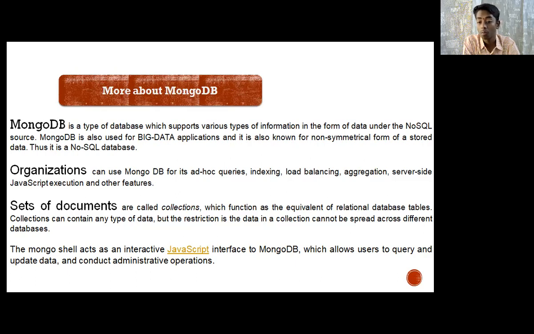What I mean to say is, you cannot spread the data into different databases. You can only store the data in MongoDB, a NoSQL database, but not store it in a SQL database or other databases.